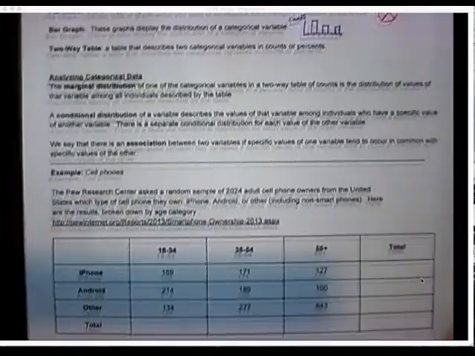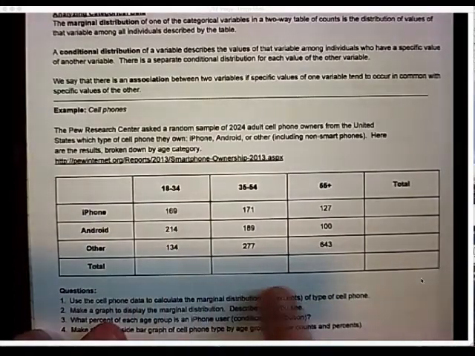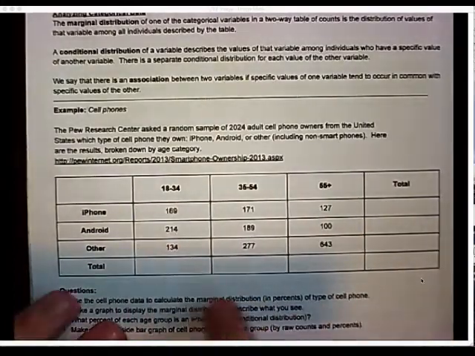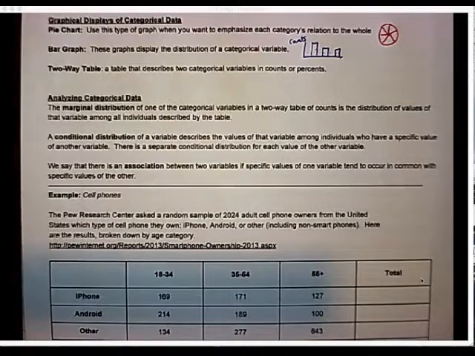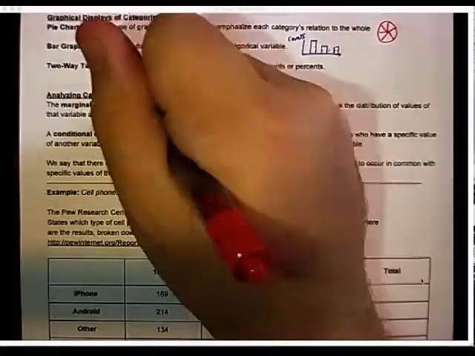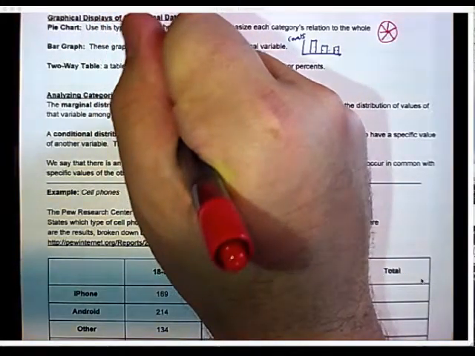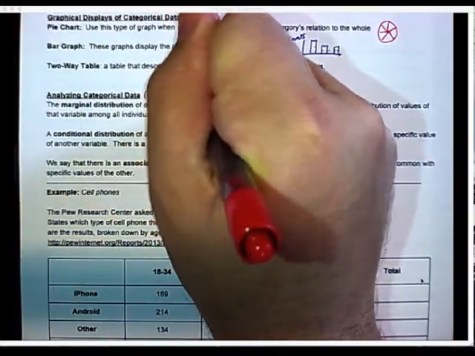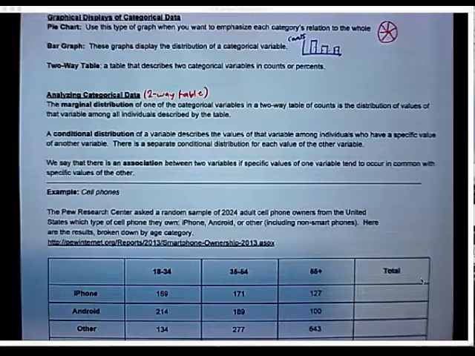So we're getting a little bit ahead of ourselves, but this down here is actually a two-way table. Now when we want to analyze categorical data, the easiest way to look at data is in a two-way table. We'll be talking about several terms here. The marginal distribution of one of the categorical variables in a two-way table of counts is the distribution of values of that variable among all individuals described by the table.